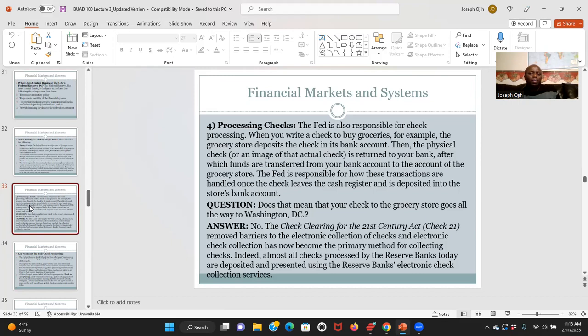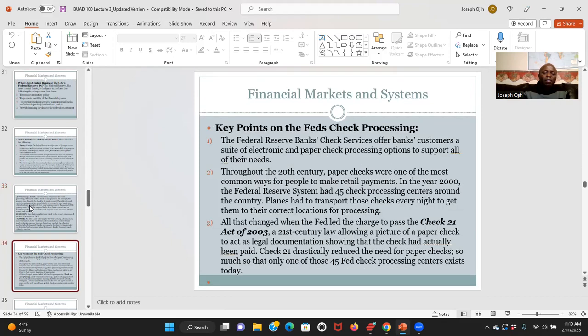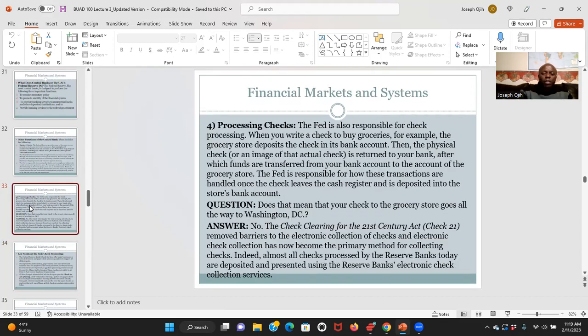So a natural question to ask at this point is this: does that mean that the check you use to buy groceries, or to pay your rent, all of them pass through Washington, D.C., where the Federal Reserve is? Actually, no, because in 2003 the Federal Reserve adopted the Check 21 Act of 2003, which removed the barriers to electronic collection of checks.